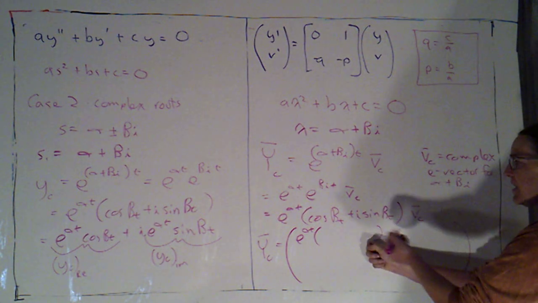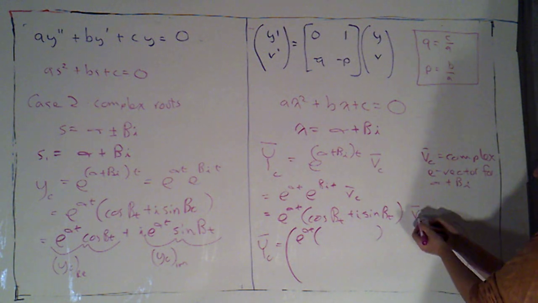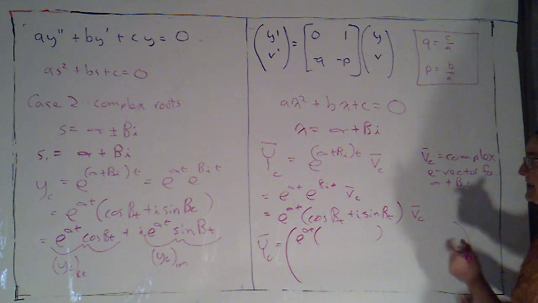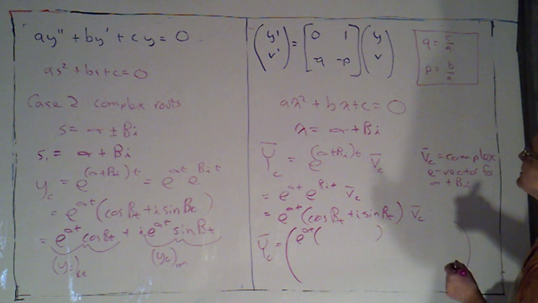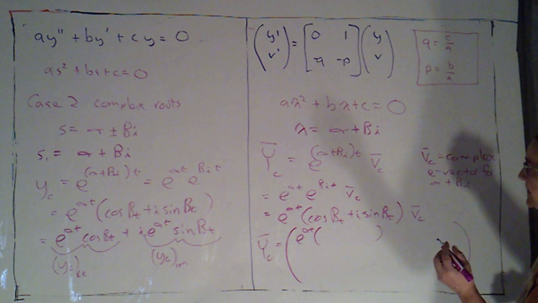How many sines and cosines I get here is going to depend on exactly what this eigenvector is. But I'm going to have, let's see, what letters do I want to use?